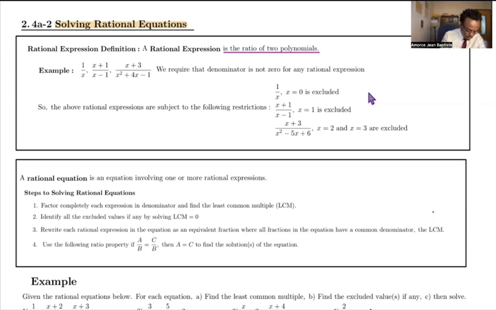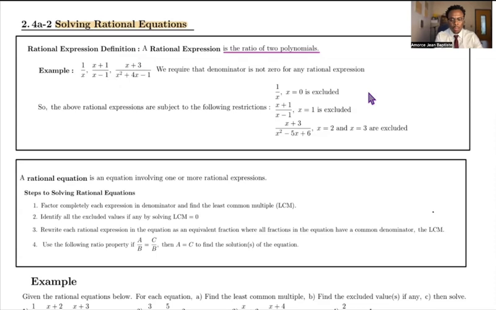Here are some examples. This is a rational expression because you have a numerator and a denominator. Here's another one. x plus 1 divided by x minus 1 is also a rational expression. Another word for rational is fraction. So that's another rational expression.